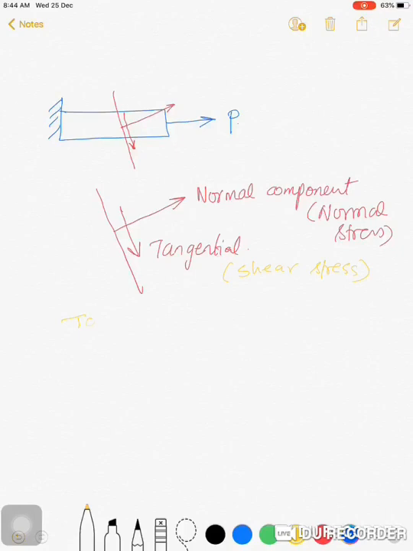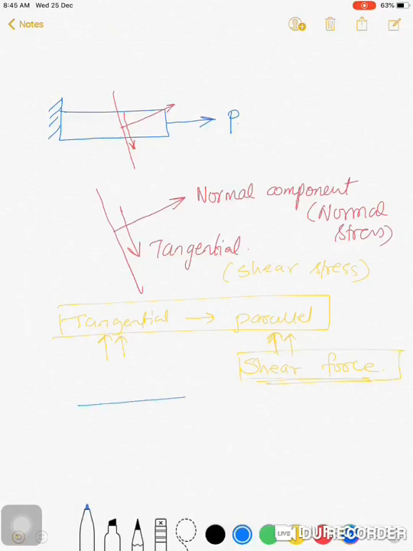Now, tangential means parallel, and any force which is parallel is called as shear force. So whenever there is tangential force or parallel force, then it is called as shear force.